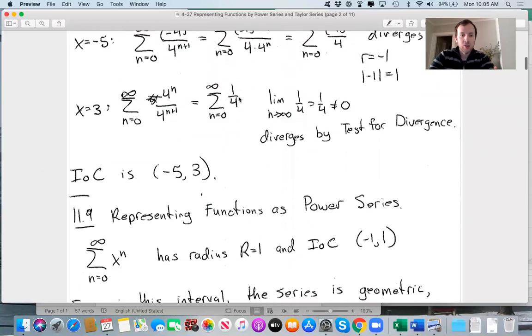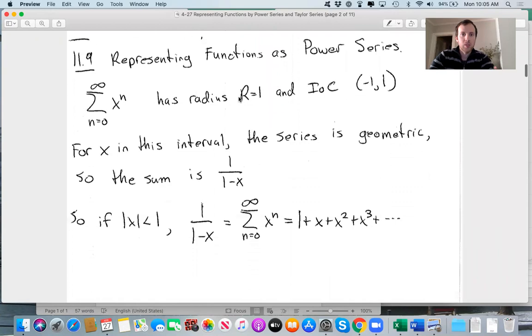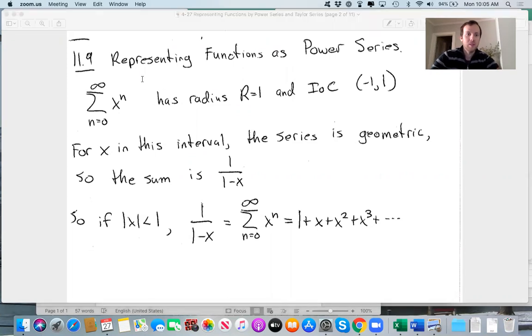What we also saw, this was the new idea, was that you can represent functions as power series. So if we take the standard geometric power series, sum of x to the n, it's geometric, so it converges when the thing you are raising to the power is less than 1 in absolute value. So this converges if the absolute value of x is less than 1.